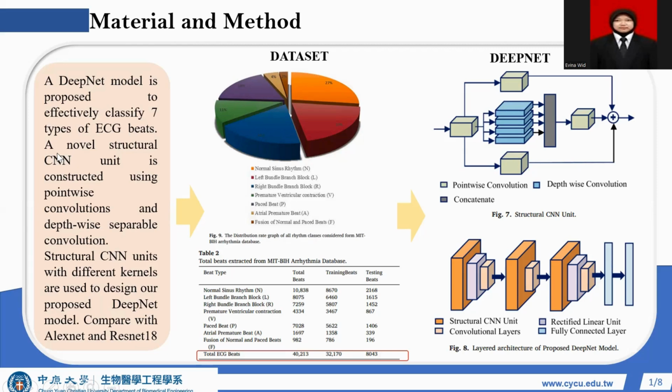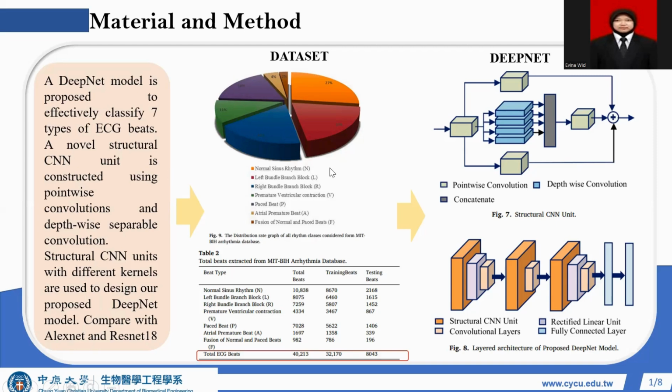They develop a novel structural CNN unit constructed using pointwise convolution and depthwise separable convolution. Structural CNN units with different kernels are used to design the DeepNet models, and the proposed DeepNet will be compared with AlexNet and ResNet 18.